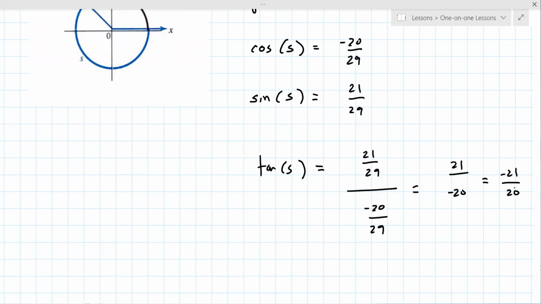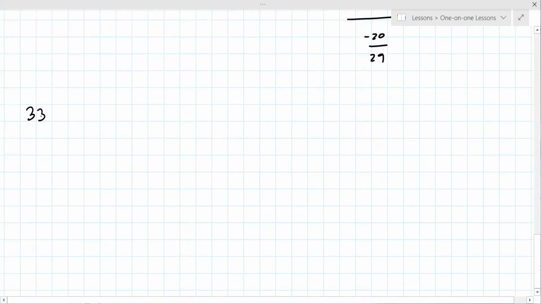All right. So done with that. Next is number 33, so next page. It says use a calculator in radian mode to find the approximations for cosine s and sine s for each number. In 33 here, they're telling you that s equals 0.75 radians.